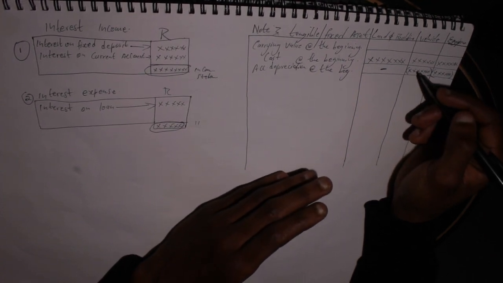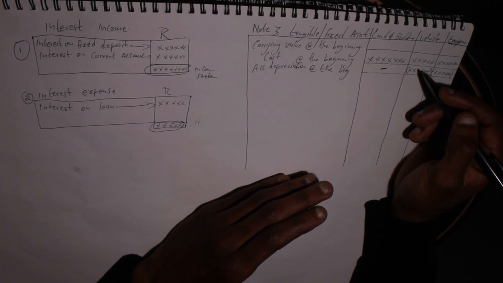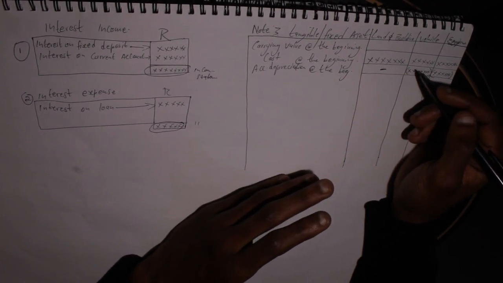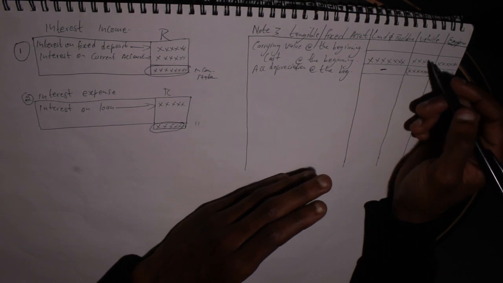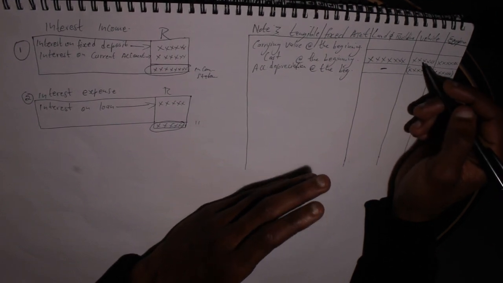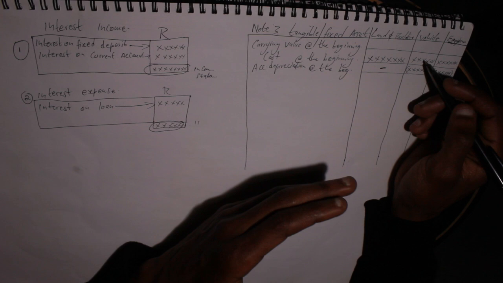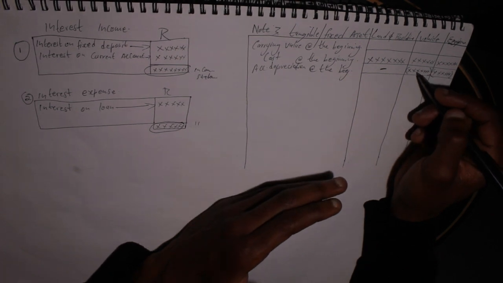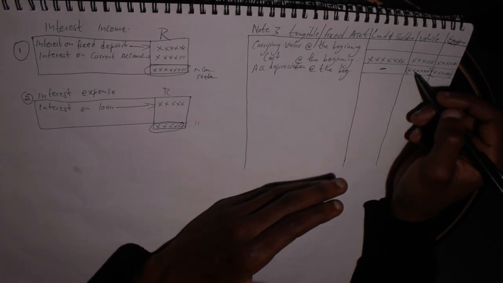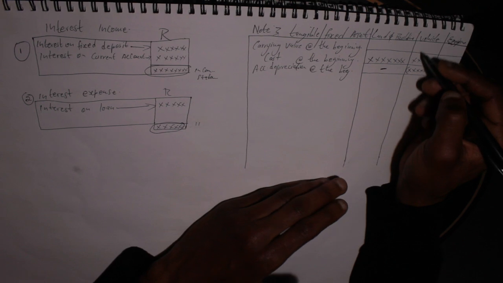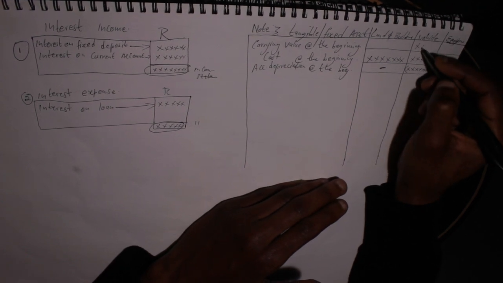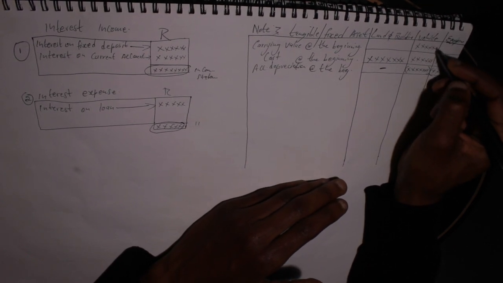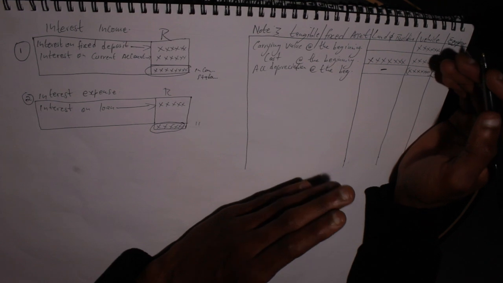For us to know how much the carrying value of the vehicles in our business is at the moment, we simply take the cost price, which is the amount that we spent when we were buying this vehicle, and then we minus the depreciation, and the difference will be our carrying value. So this is the carrying value at the beginning.